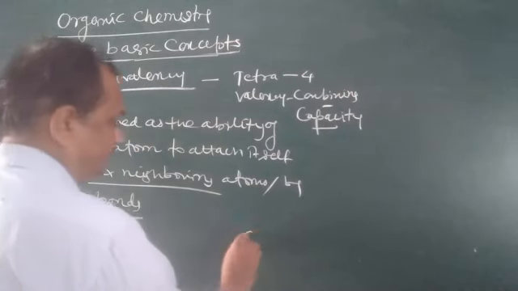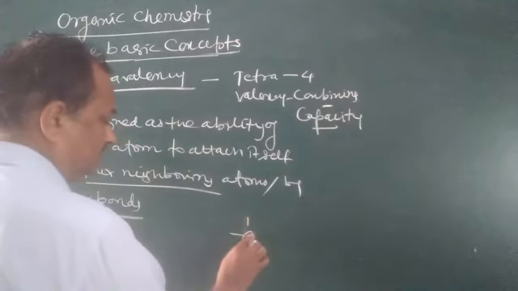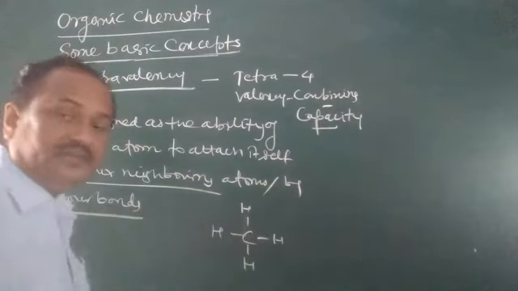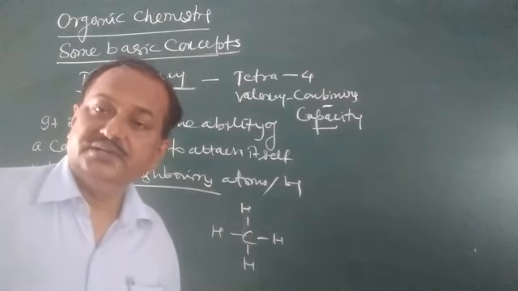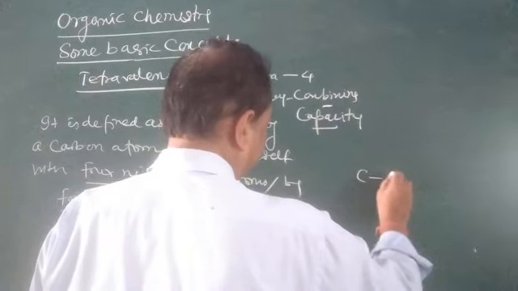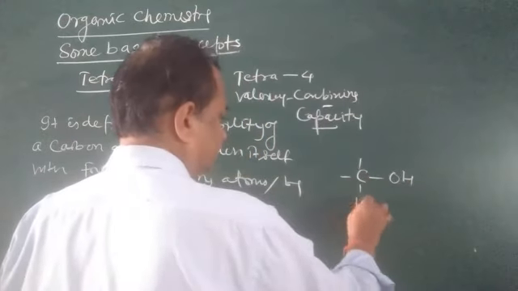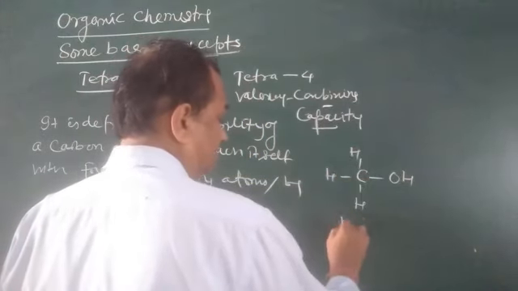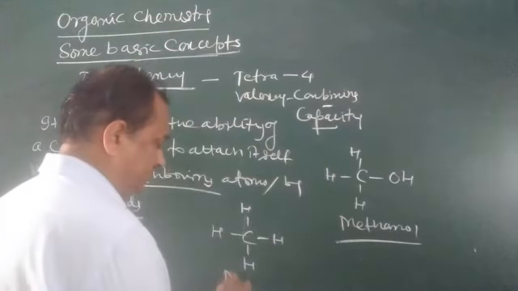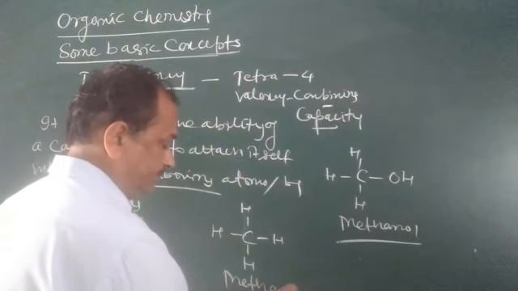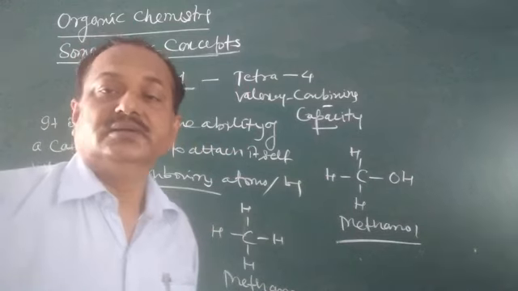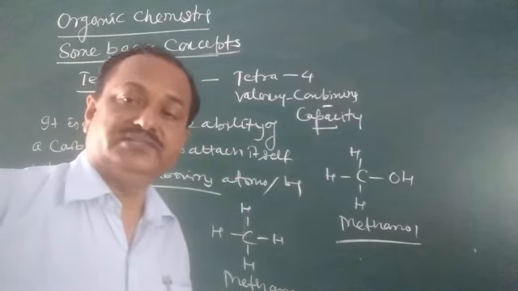Like if I draw methane here, we have one carbon attached with four hydrogens. Similarly, if I write methanol here. Actually, the tetravalency has been explained for carbon by going through its electronic configuration.